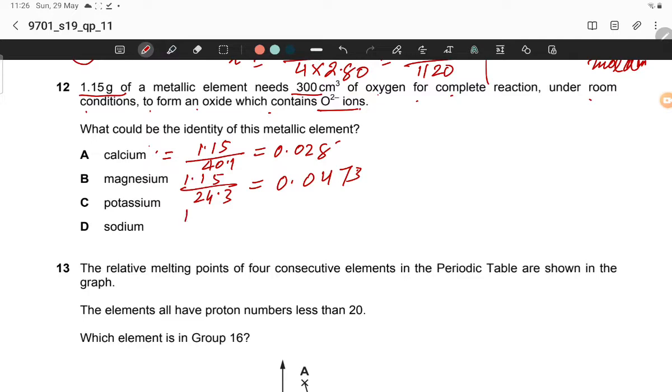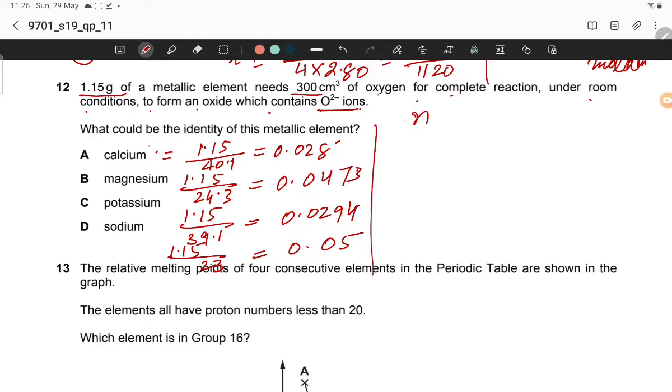Now 1.15 divided by 39.1 is equal to 0.0294, and sodium, 1.15 divided by 23, will be equal to 0.05.